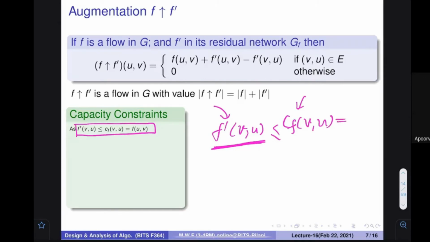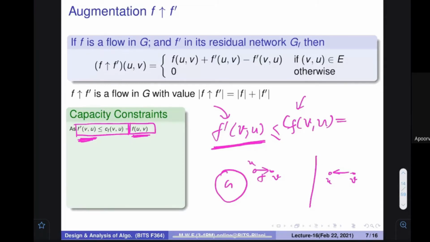And you know that VU is equal to UV in the original network. If in your original network there is a link between U and V and there is a flow F, then in the residual network between U and V, you put VU with that particular value. So if in the original network there is some flow between VU, it is UV in the residual network.